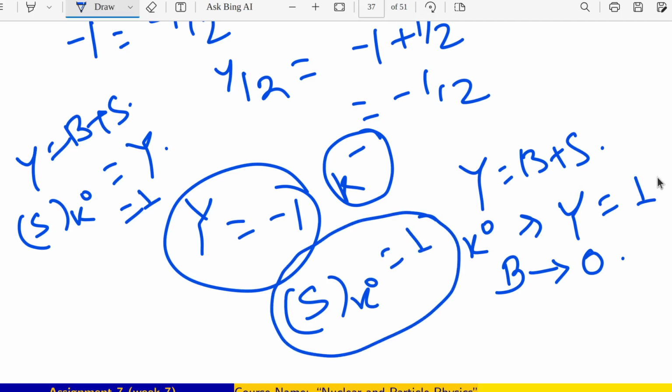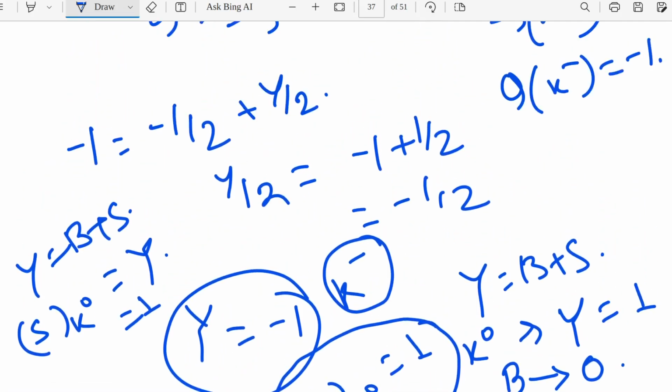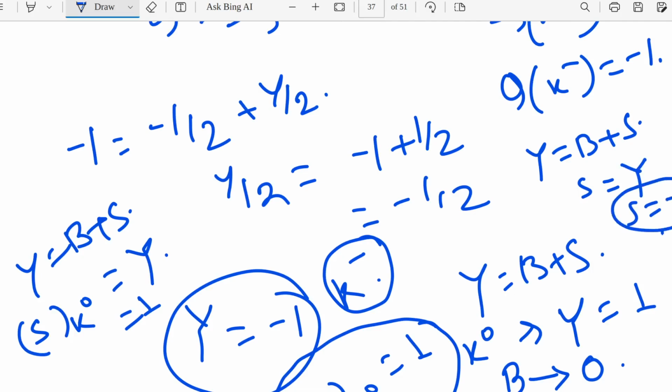Now coming to the K minus case. For K minus, Y is minus 1. So S will be only Y because B is 0 here. So S will be minus 1 for K minus, right?